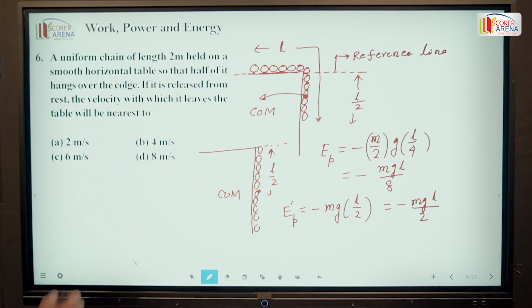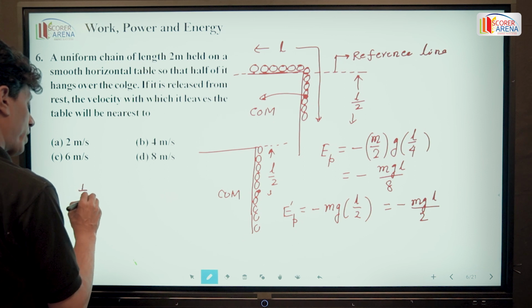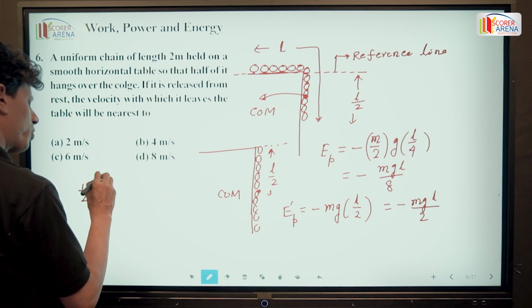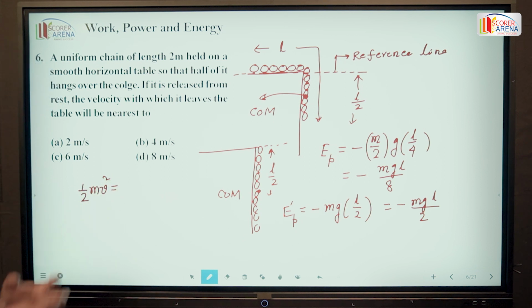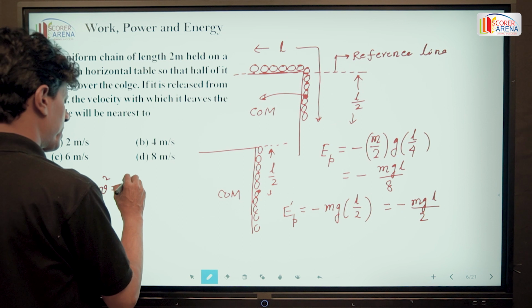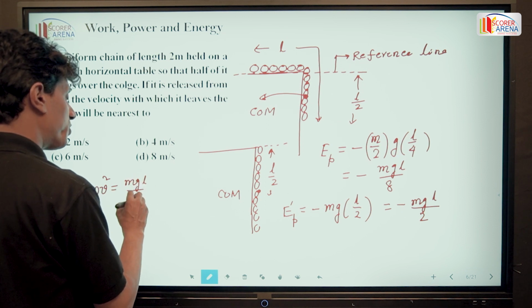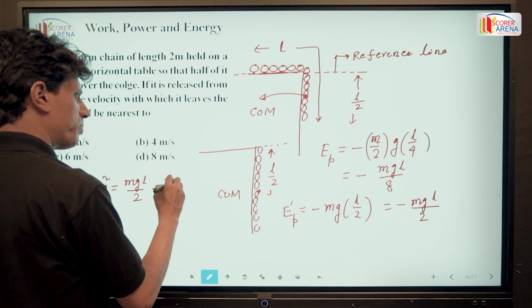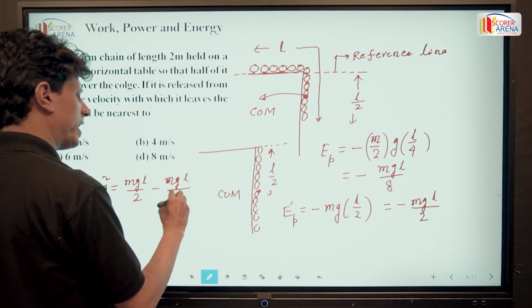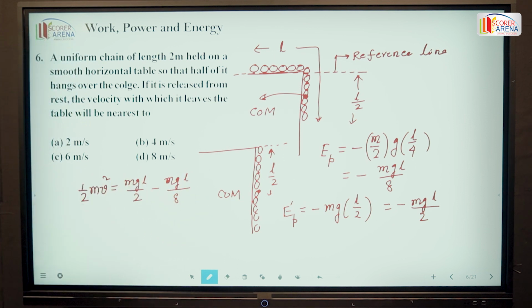So we can say half mv square, that is kinetic energy, comes from the change in potential energy. So the change in potential energy here is actually mgL by 2 minus mgL by 8. It is initial potential energy and this is final potential energy.